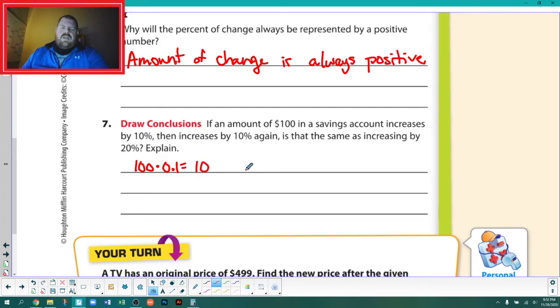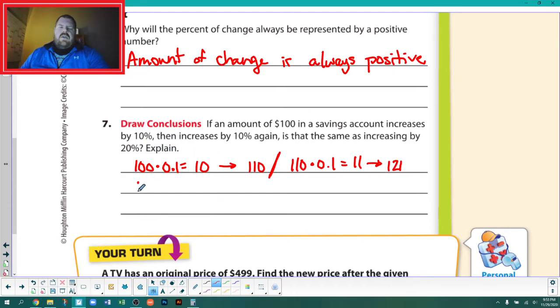To shortcut that a little bit, that's $10. So my new amount, I add those two together, and I'm at $110. Now I want to increase that by 10% again. So let's take that 110, multiply it by 10%. That's $11. You can double check my math if you feel like it. When I add that to the 110 that I already had, that's $121.